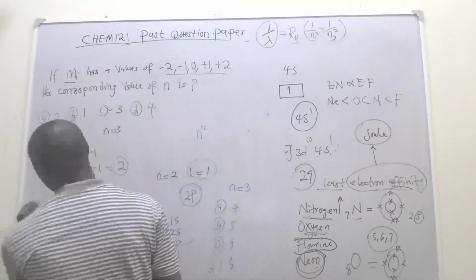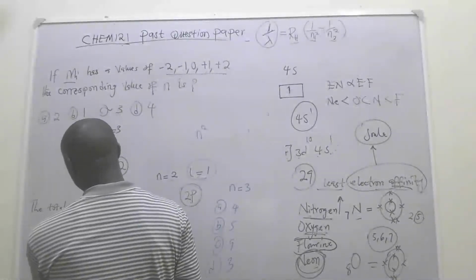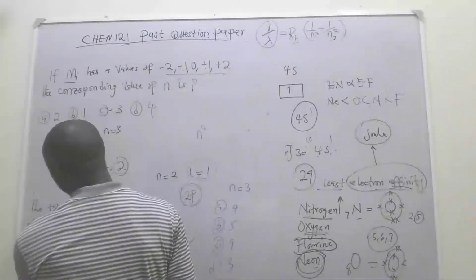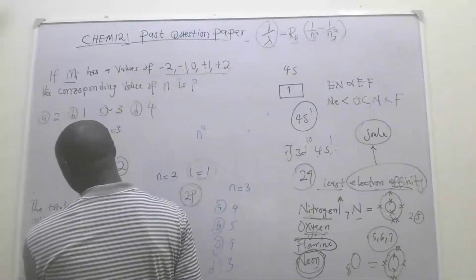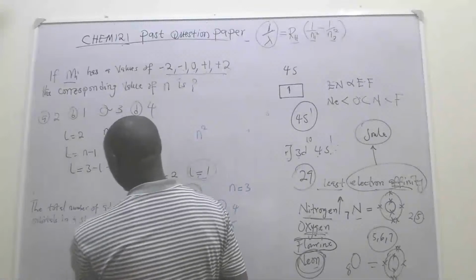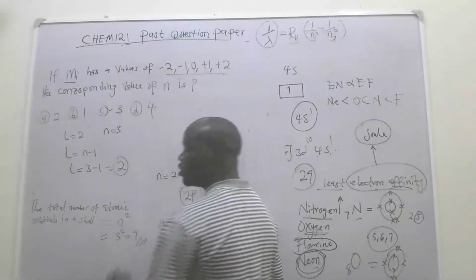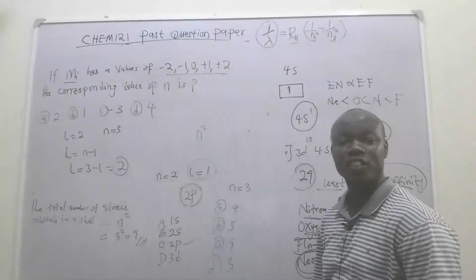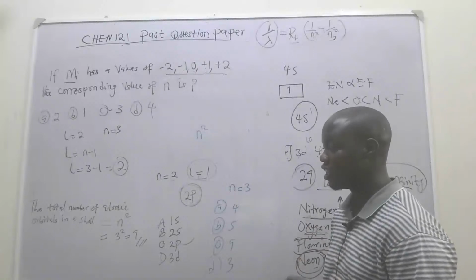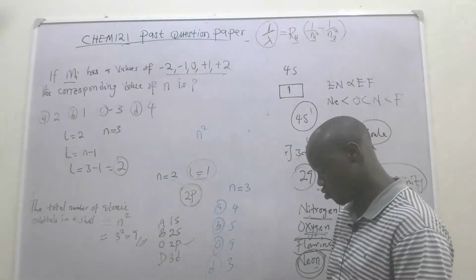The total number of atomic orbitals in a shell is equal to n square, and the n here is 3, so we have 3 square, which is equal to 9. So this is the answer. I don't know why you are saying that the method is long. If you want to calculate the total number of atomic orbitals in a shell, you use n square, and that is why we have 3 square equal to 9.